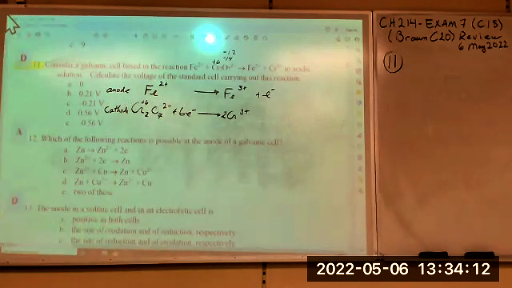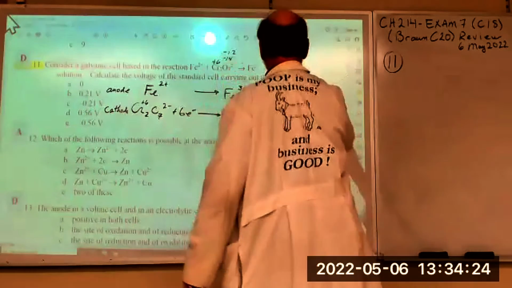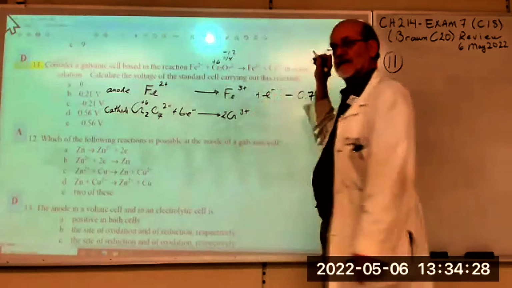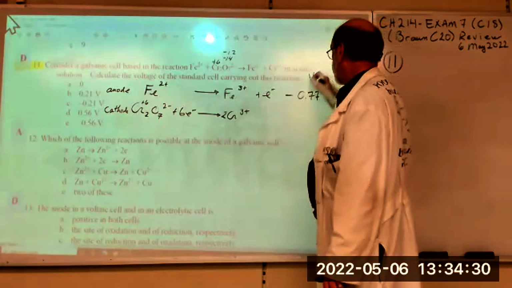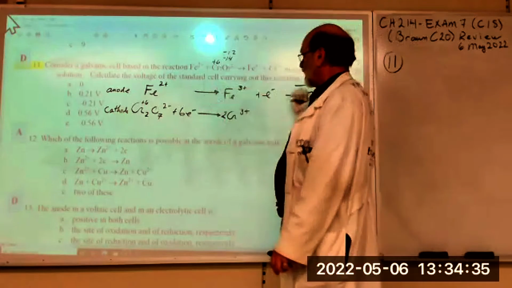Fe3+ reduced. Here it is. Fe3+ plus electron, Fe2+, 0.77 positive volts. So this is going to be negative volts, right? Because we reversed it. That way it's positive, this way it's negative.